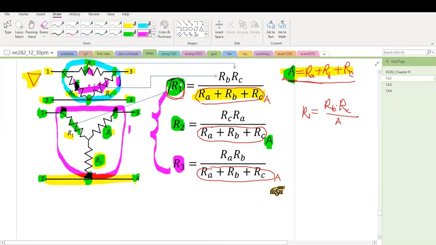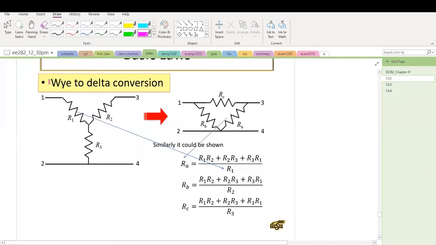We want to convert this delta connection into a Y connection, so we need to find the values of R1, R2, and R3 using those three formulas. Next, let's look at the conversion from Y to delta connection. First of all, we have a Y connection with terminals 1, 2, 3, and 4.